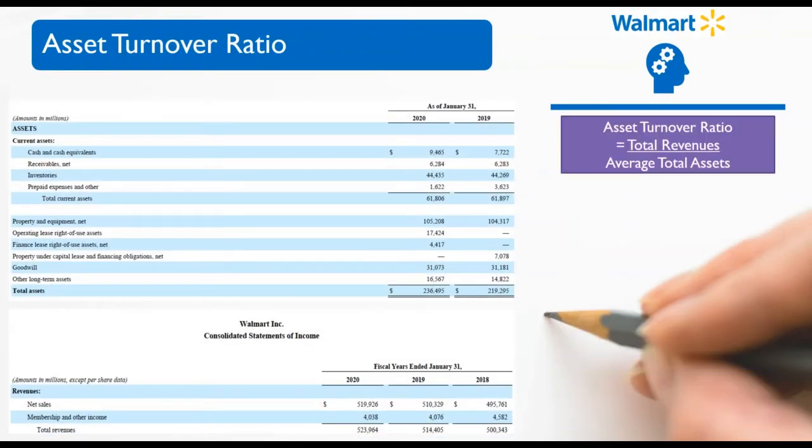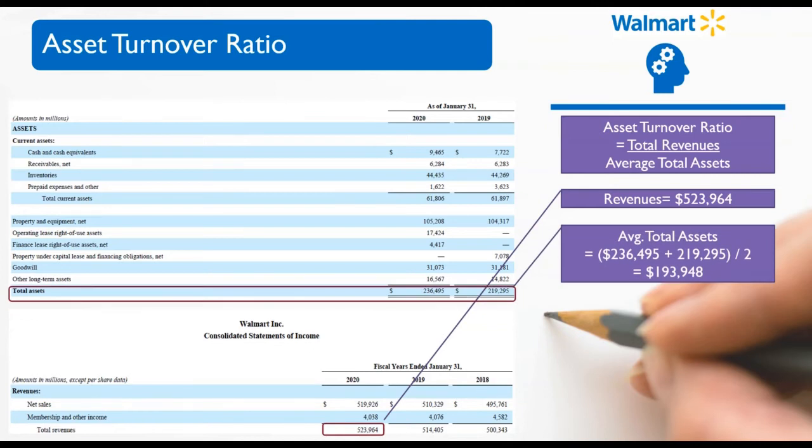Now, we will calculate the asset turnover ratio for Walmart. Using the same formula, we find total revenues for fiscal 2020 was $523.9 billion.